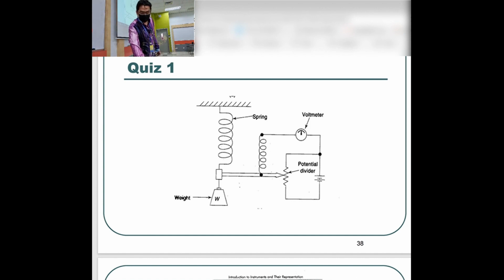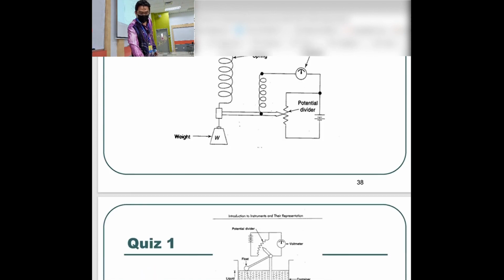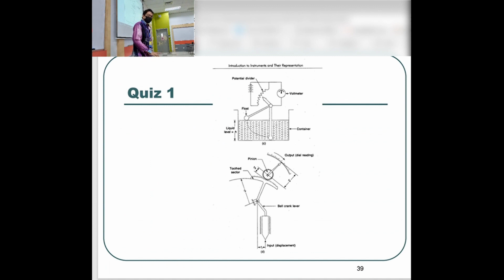Okay, the next one. I think this one was in a previous exam, but never mind. I leave it to you to find. Like I said, usually I give a quiz for this one, but not today. Maybe I can give a quiz later on other subjects, maybe about calculation.